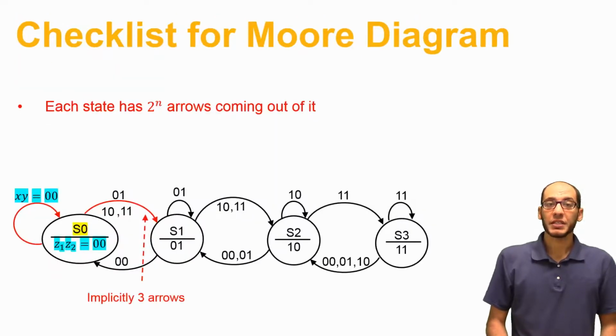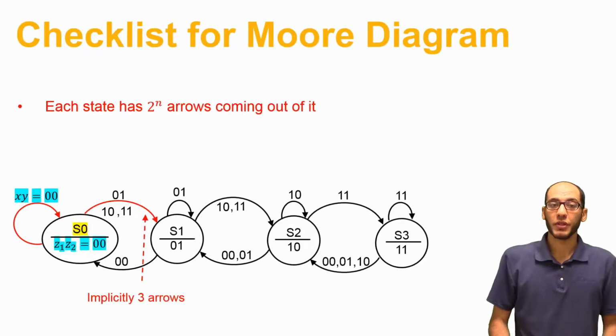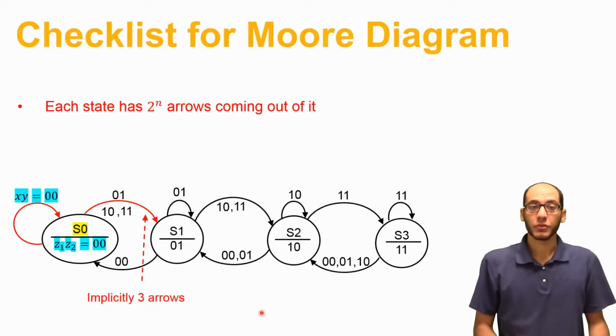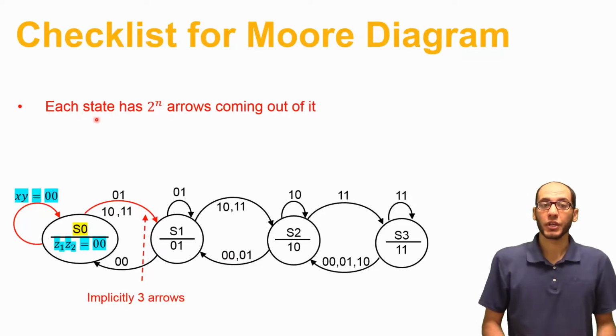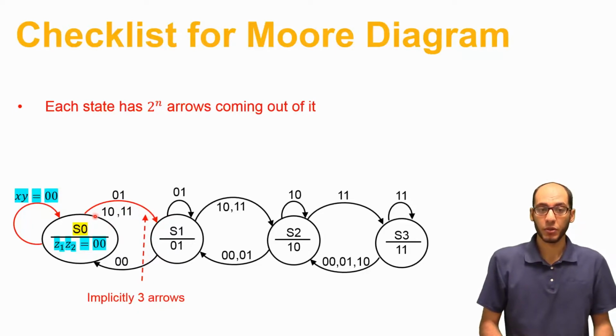Finally, here's a checklist for you to make sure that your state diagram is really concluded. First of all, check that all states have 2 to the n arrows coming out of each one of them, and in that case, you count these arrows as 3 arrows in our particular example.